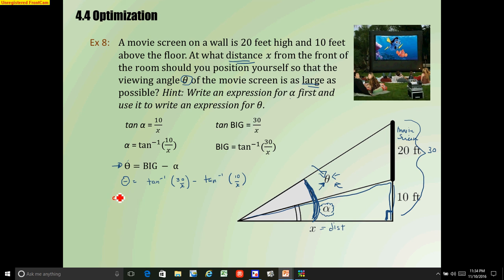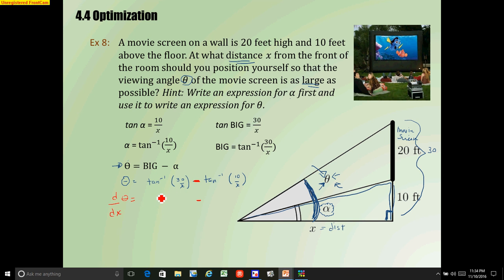So, the derivative with respect to x of theta is the derivative of a difference. But what is the derivative of a difference? Just the difference of the derivatives, right?